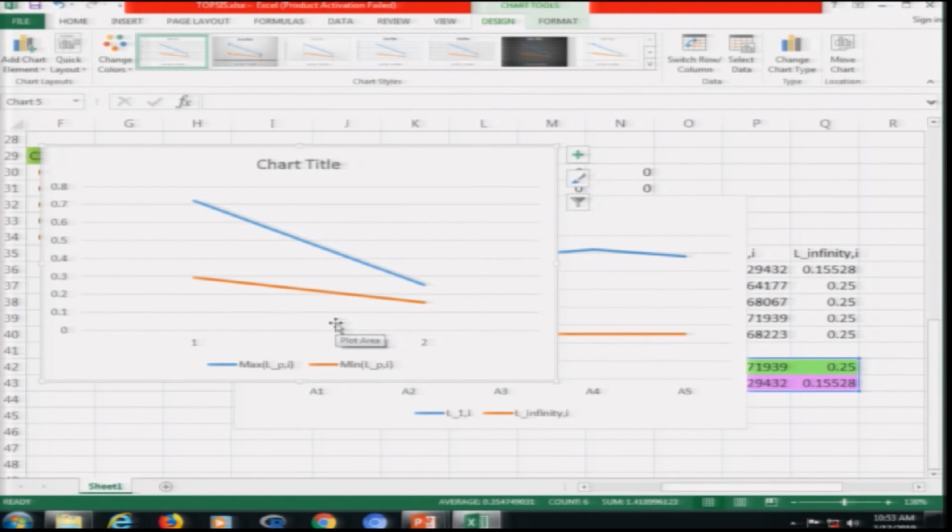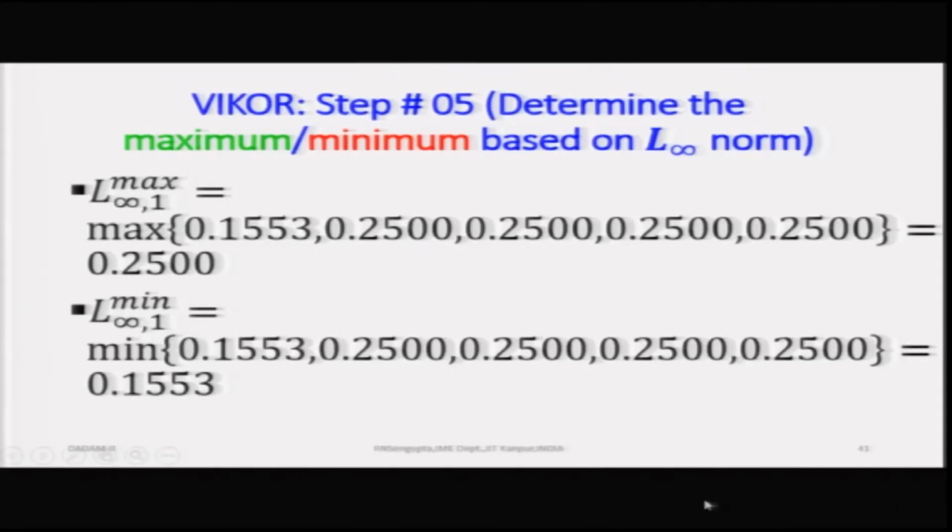The blue and the orange one are basically for the L1 and LP. So, if you check along where the pointer is hovering, this is the maximum distance we can have for the L1 norm, and this is for the L infinity norm. Depending on the zone, you can choose how good or bad the criteria decisions are, and then you can rank accordingly.